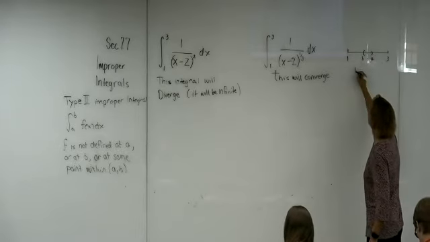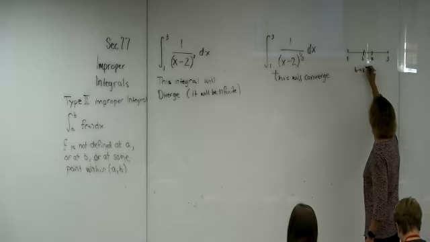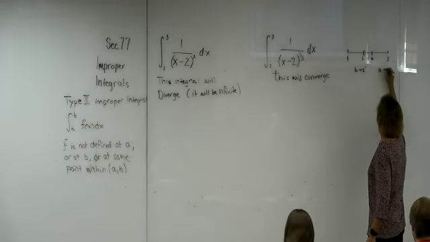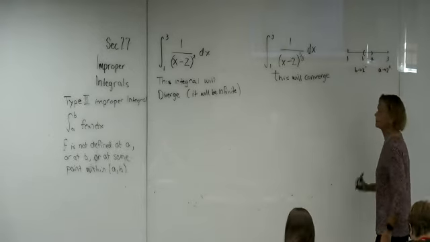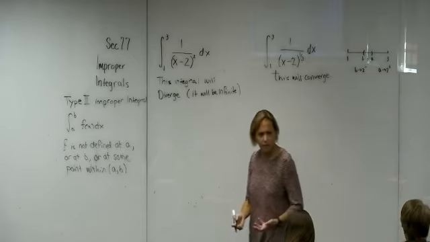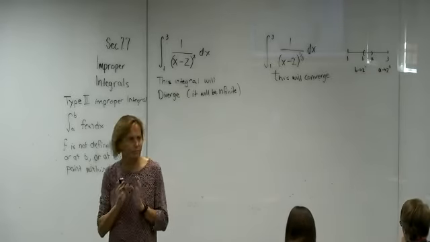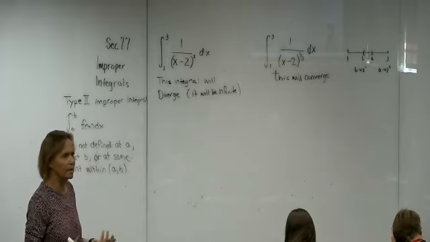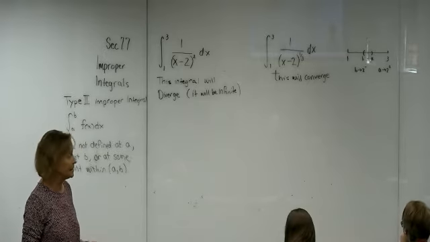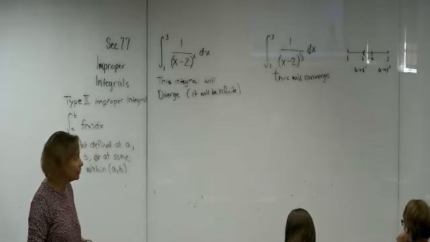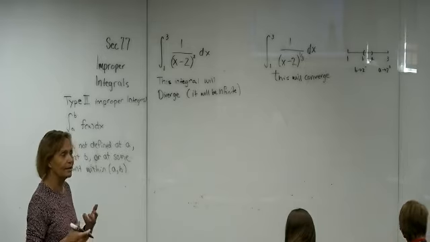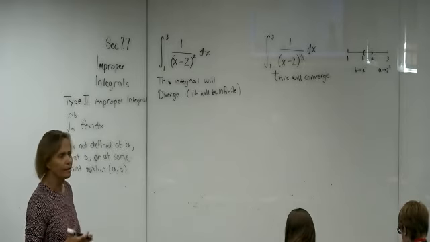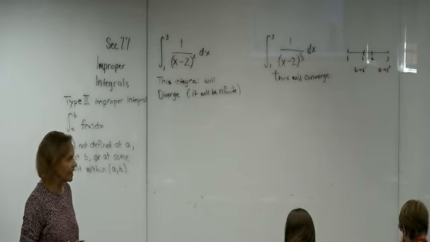Then we take B going to 2 from the left and A going to 2 from the right. We compute the antiderivatives in terms of the variables A and B, and then take the limits. If the limit exists, then that value will contribute to the integral. If the limit doesn't exist, becomes infinite, then the integral itself is going to diverge.